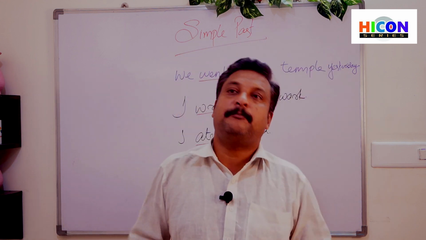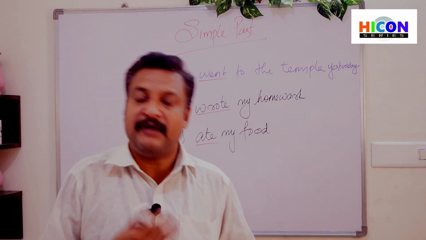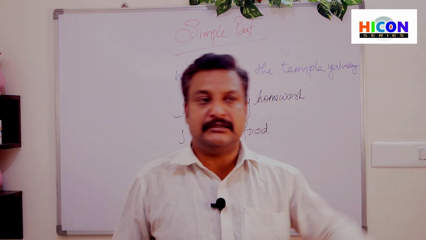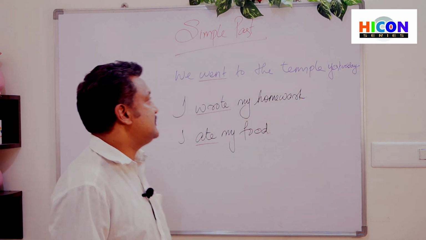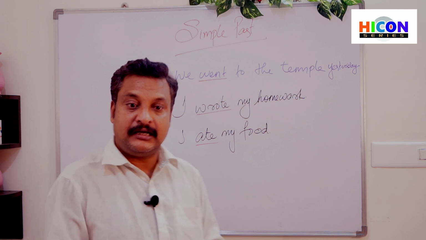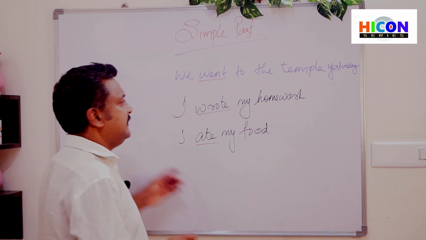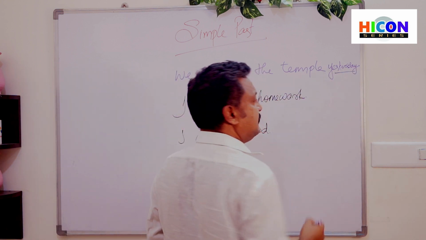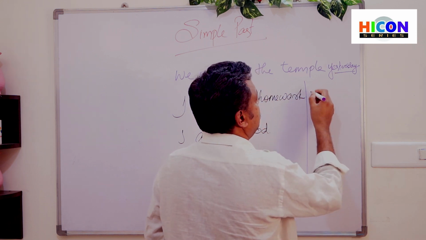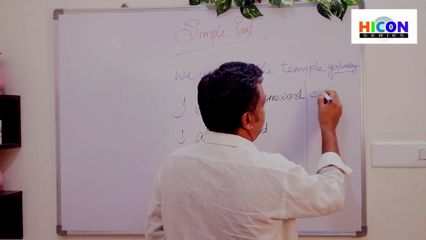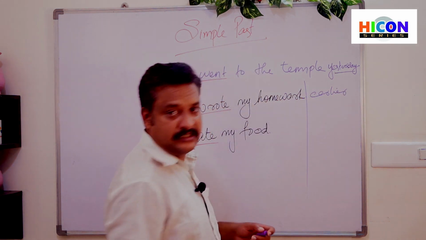Simple past tense is used when we have to express some action which is already done, completed. Usually we add words like yesterday, or earlier. So I wrote my homework earlier.